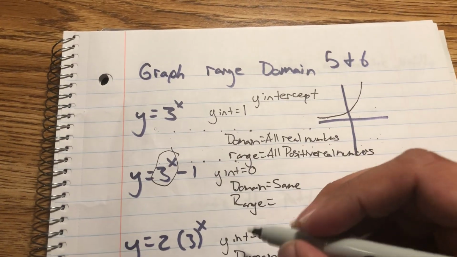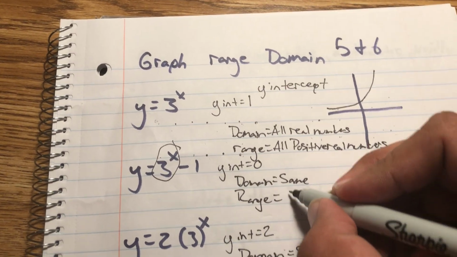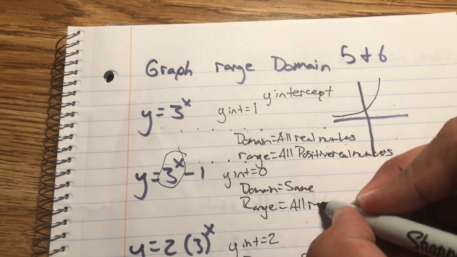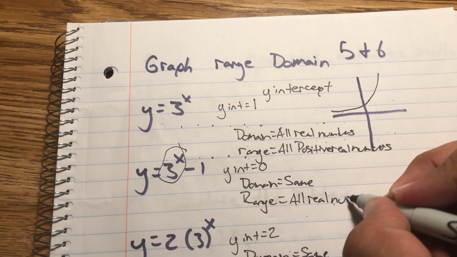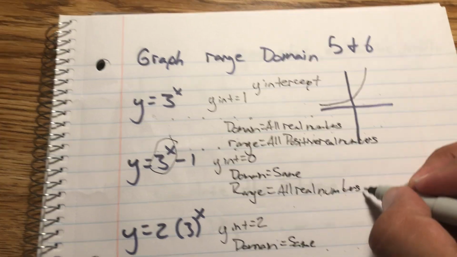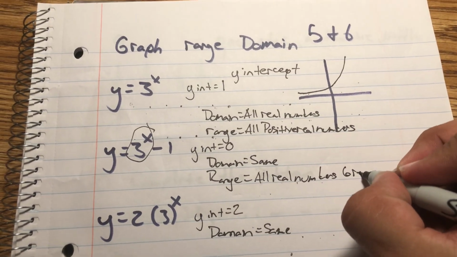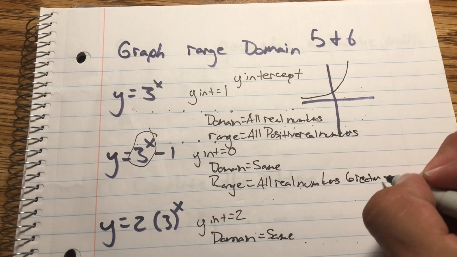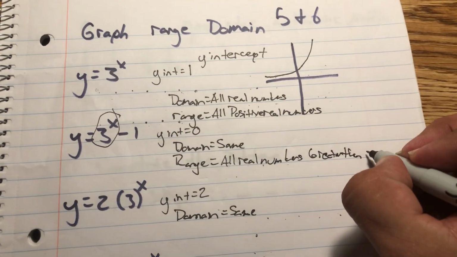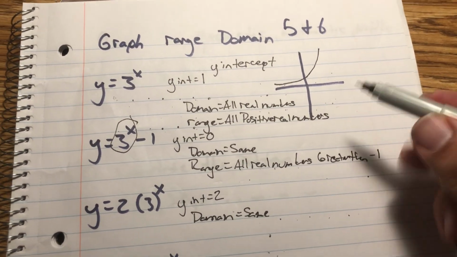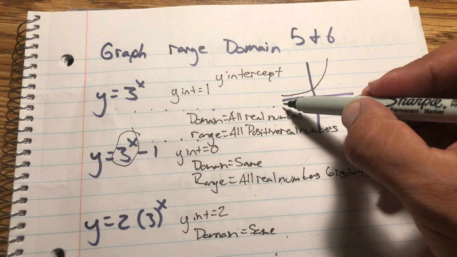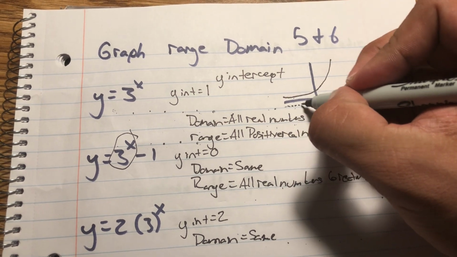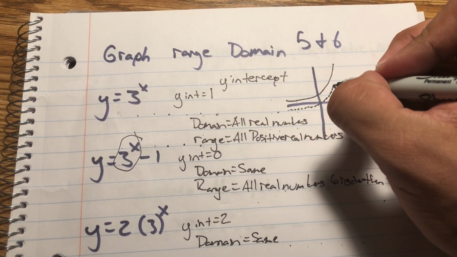The number it will never touch is negative 1. So the range here is all real numbers greater than negative 1. So the range has shifted down. All of this has shifted down 1.